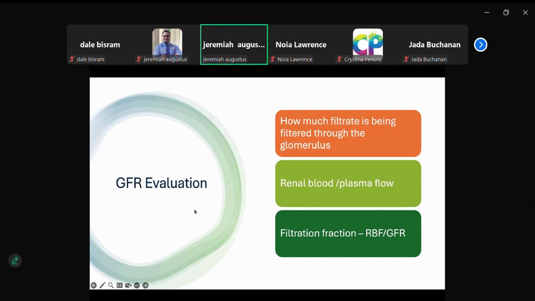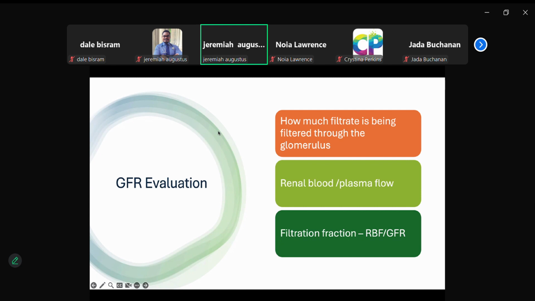Kidneys function via three main things that we could examine. We could see the GFR, we could see renal blood or plasma flow, and we could see a filtration fraction, right? I'm going to explain how that happens. So the GFR is how much filtrate is being filtered through the glomerulus at a given time. That is what the GFR is, right?